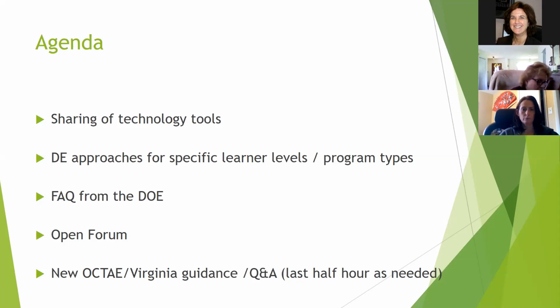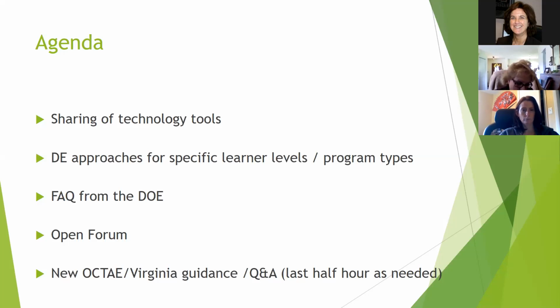And then DOE will let us know what they are hearing the most about. What are your biggest questions, so that everybody gets an opportunity to share on that. Then we'll do an open forum. Today, we'd like to talk a little bit about what you're doing about enrollment.